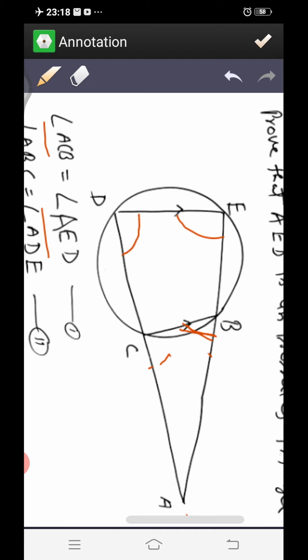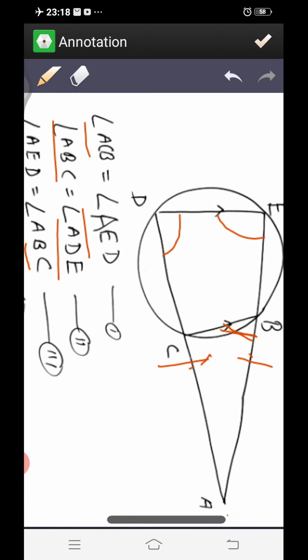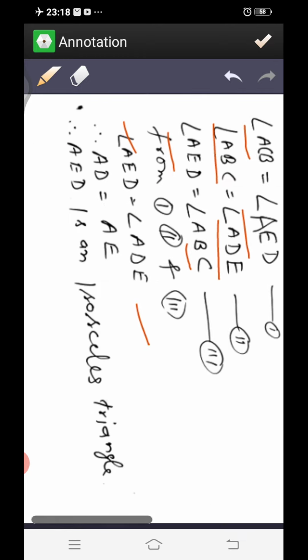Both base angles are equal. Therefore, the sides opposite to equal angles are equal. This side equal to this side means AE equal to AD. So therefore AD equal to AE. Two sides are equal. Therefore AED is an isosceles triangle. This we have to prove.